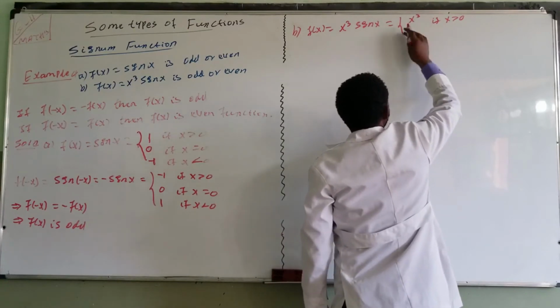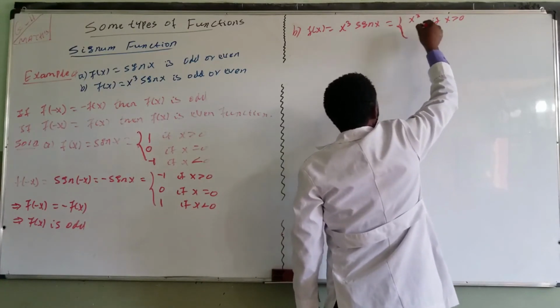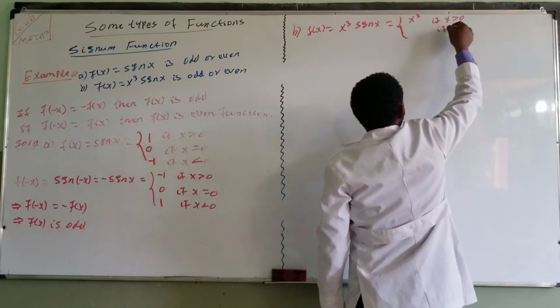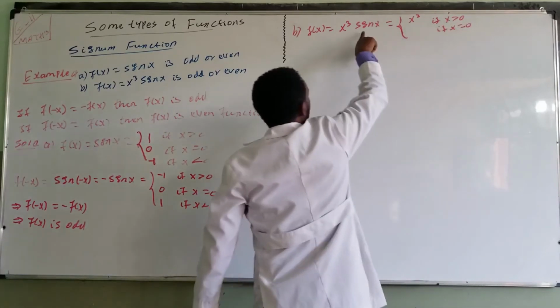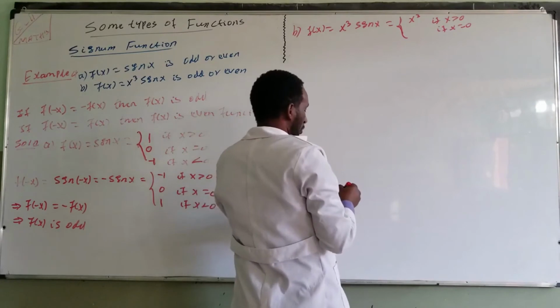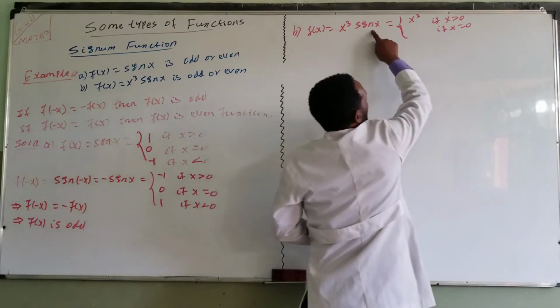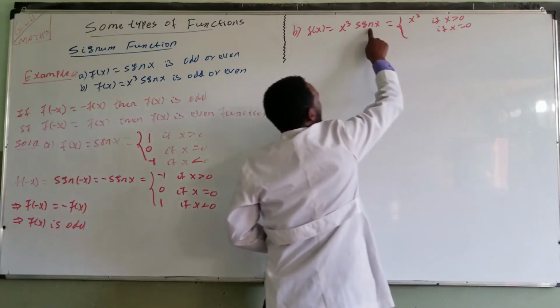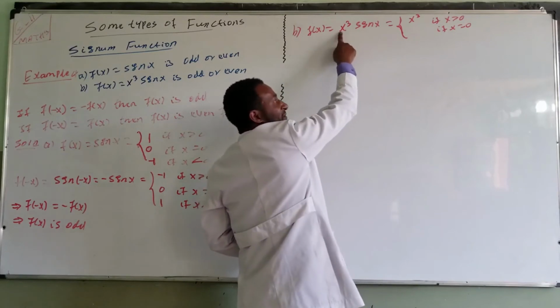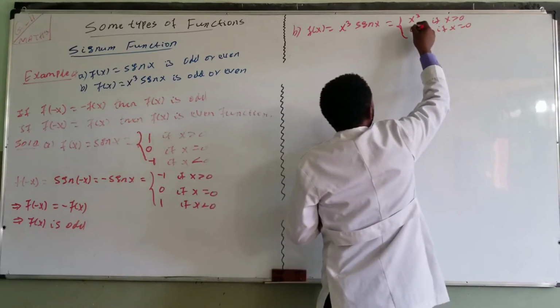If x is equal to 0, signum of x is 0, and 0 times x cube is 0, so it becomes 0.